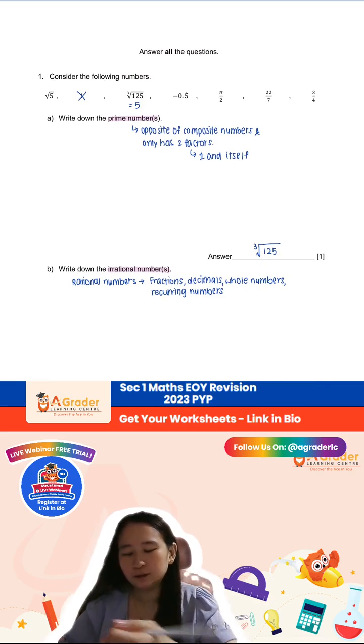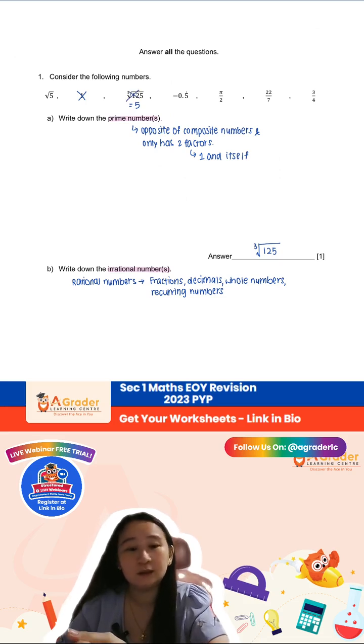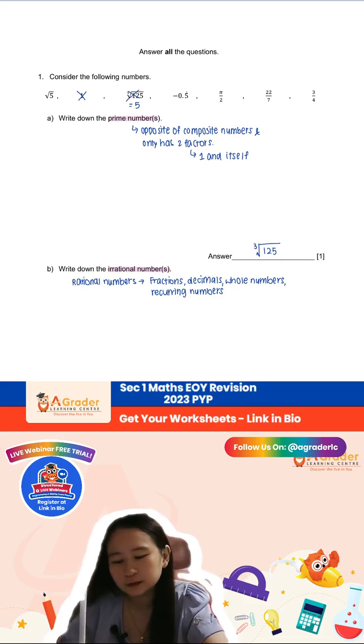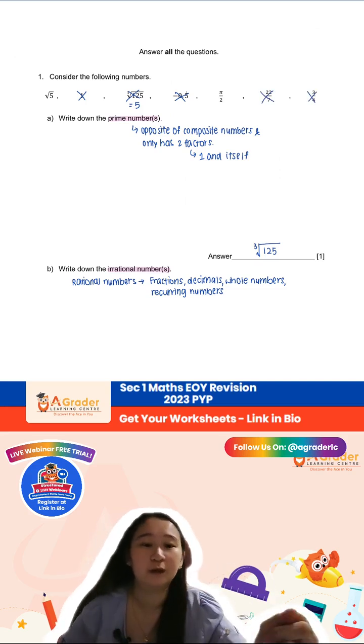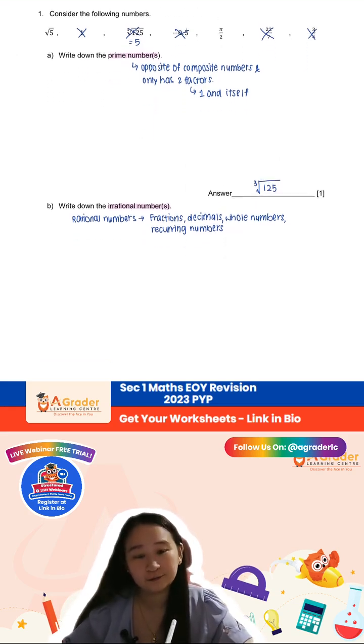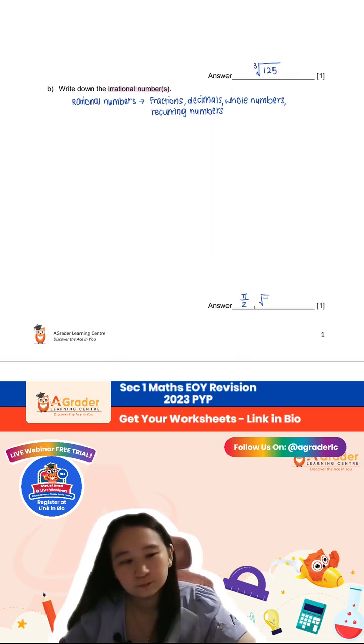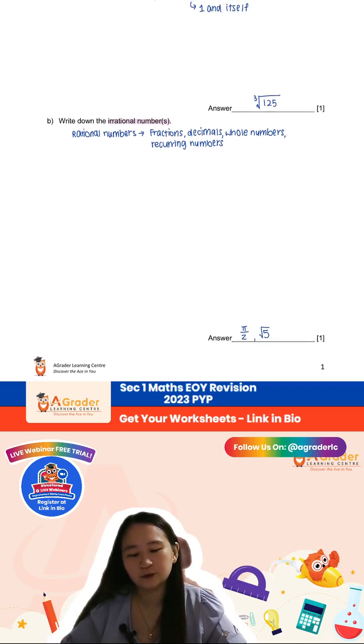So one whole is a whole number. 5 is also a whole number. Negative 0.5, recurring 5, is a recurring number, so it's out. 22 over 7 and 3 over 4, they are fractions, so they're also rational numbers. So we are left with root 5 and pi over 2. Okay, square root 5 and pi over 2.